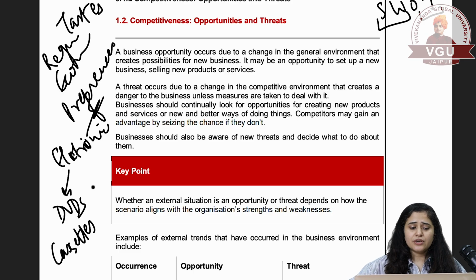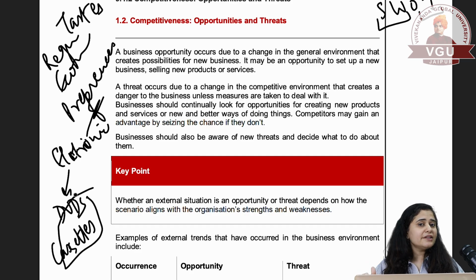The industries which were manufacturing these, if they understood in time that they had to move forward to some better technology, captured the threat easily. If we do not take that chance, competitors will have the advantage and they can seize the opportunity which we were not able to. So businesses should be aware of what new threats are happening and then decide what to do about them.